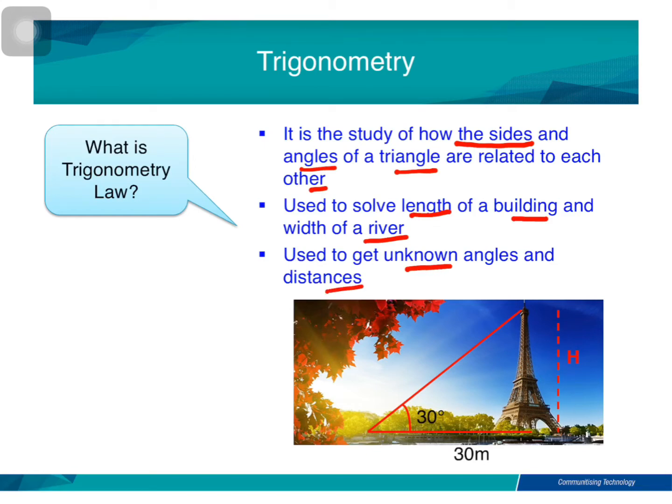So let's say for this example, this is point A and this is point B. So this is the Eiffel Tower. Let's say this side is H and this side is B, and this is hypotenuse C. So let's say we know each of these sides, then we can determine this angle, right?